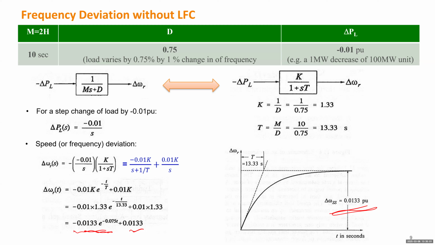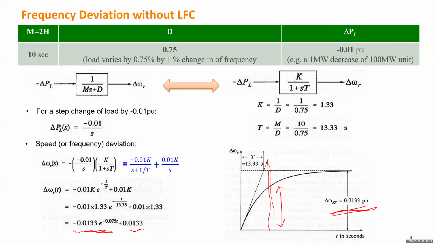By about 13.33 seconds, it will make the majority of the change towards the final condition. This value will be the final frequency deviation. Because the unit is per unit, 0.01 is about 1% of the nominal frequency.